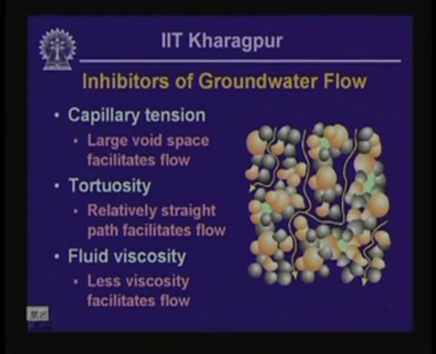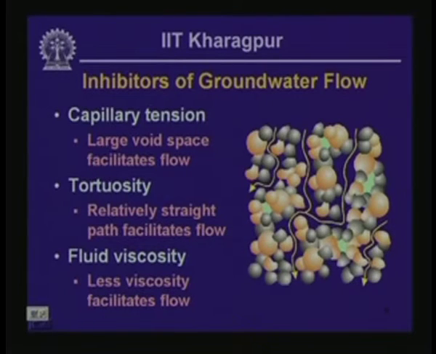Second inhibitor of groundwater flow is when you have got highly bent interconnected pore spaces. If you have got relatively straight flow path, or the interconnected pore spaces are relatively straight, then the flow of groundwater through the soil is going to be relatively easy.